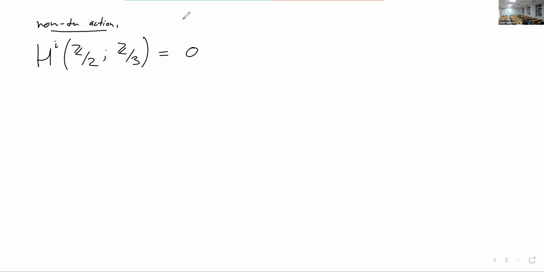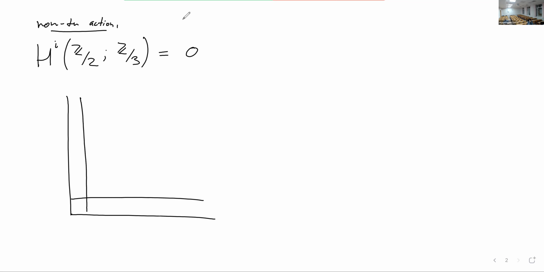But first of all, we have all the ingredients to write down the second page of the spectral sequence. So let's do this. We have the 0th row, which is Z, then Z/2, then Z/2, and so on. Well, let's write it down.